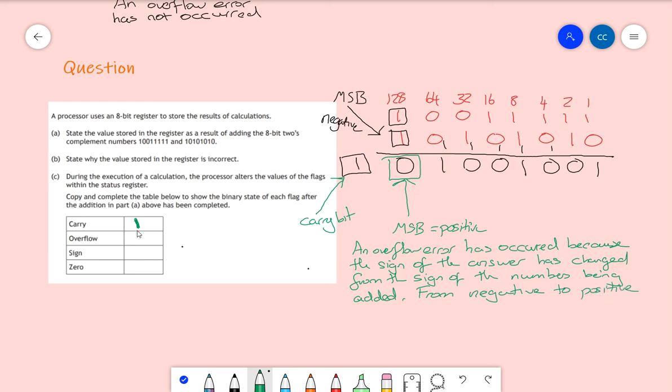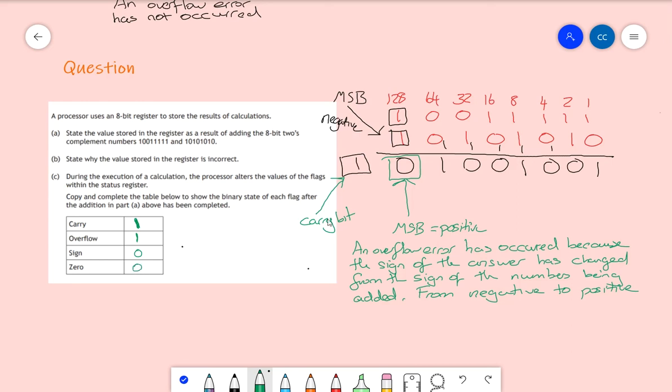So we can say that an overflow error has occurred, and the sign of the answer is positive, and this answer is not 0.